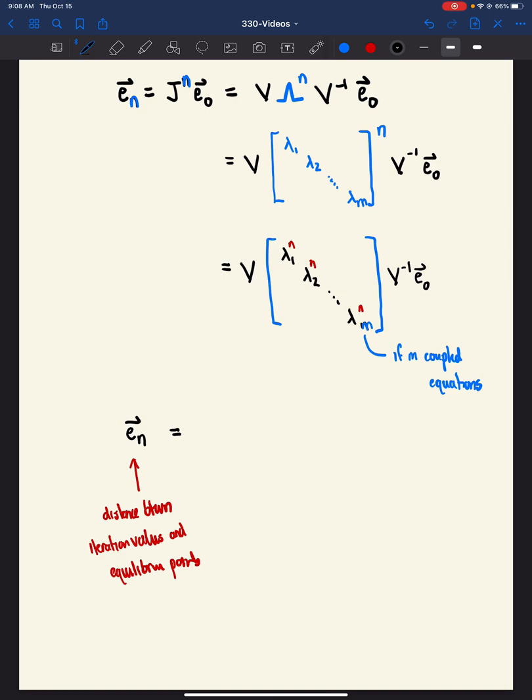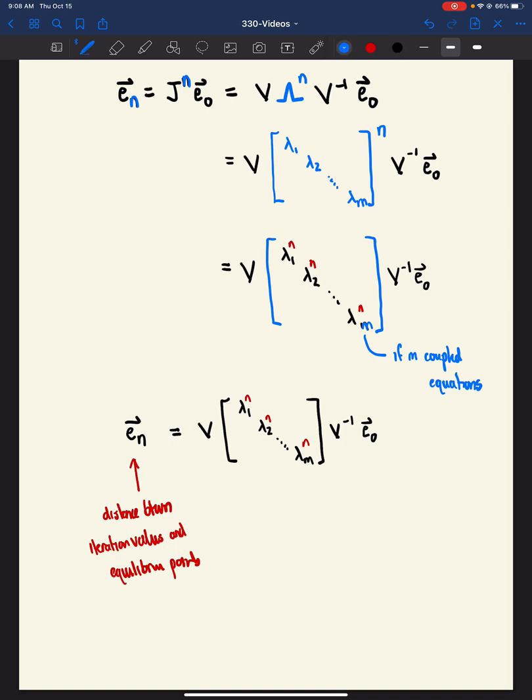We're able to write it as some constant eigenvector matrix times another diagonal matrix, where all those things in the diagonal matrix are being raised to the nth power, times some other constant matrix, this time just the inverse of our eigenvector matrix, times the first error vector, the first distance between our iteration values and equilibrium points.